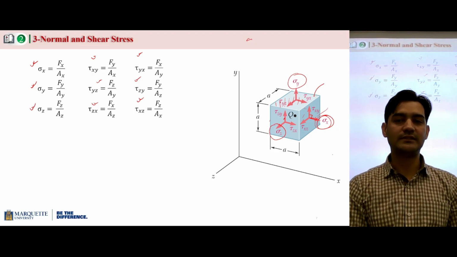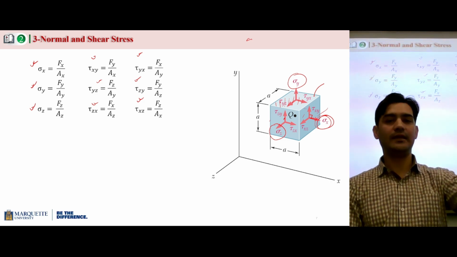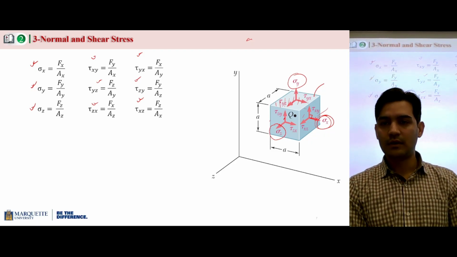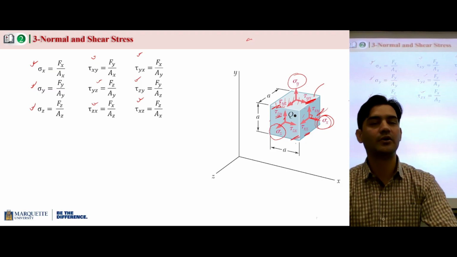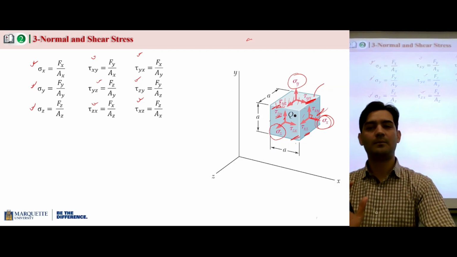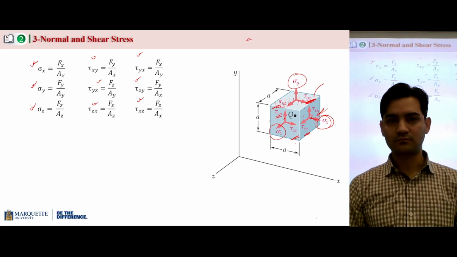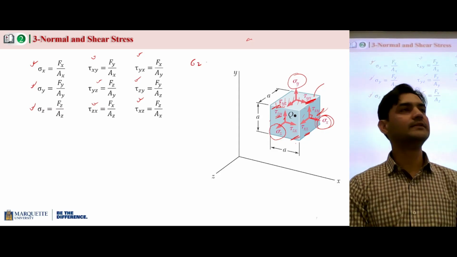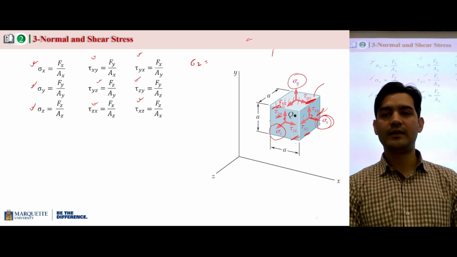The formula for stress Z would be the force acting in the Z direction divided by the area of Z. And these other stresses are all shear stresses because all these forces are acting parallel to the surface areas.